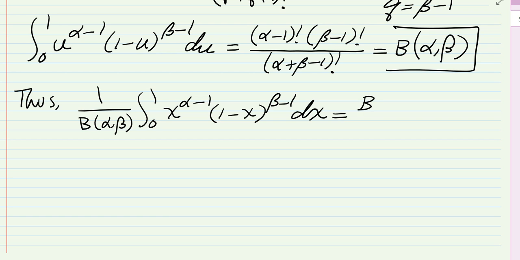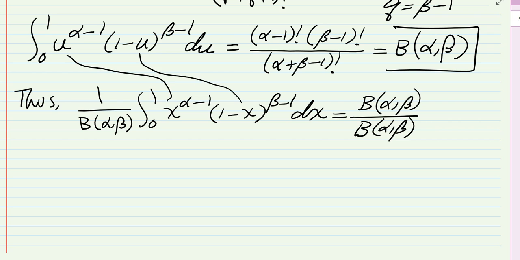Therefore, it is going to be simply beta of alpha beta over beta of alpha and beta, right? These look the same, right? Remember, these variables are just dummy variables. The name doesn't matter. X, U, W, they're just variables. And that is equal to 1. And that's what we wanted to show.